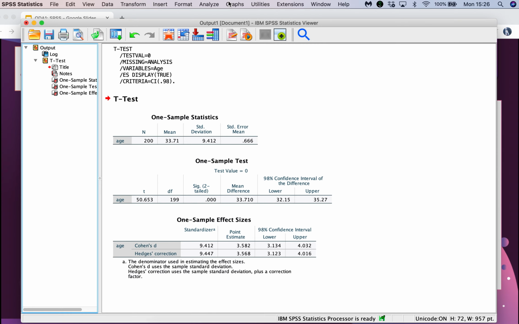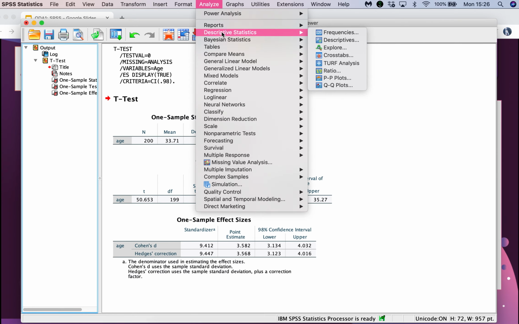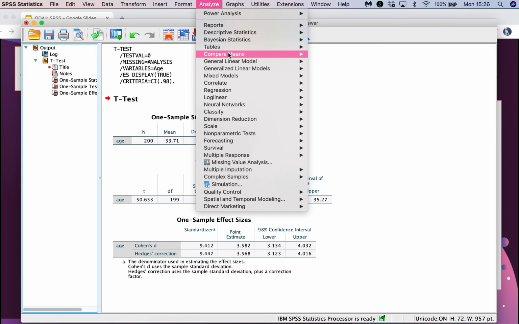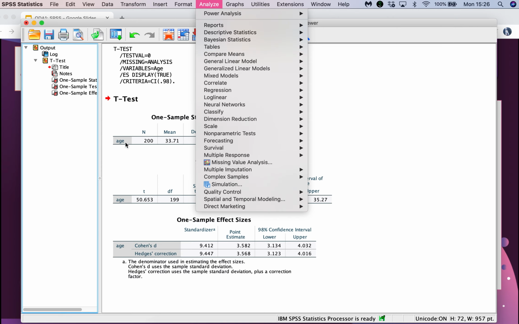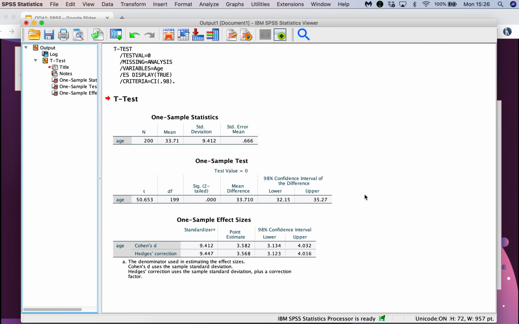So again, it's analyze, compare means, and then one sample t-test. And you just pick whatever confidence interval you want, and then in your output, it will give you this. So again, for example, for us, it was 98%, and we got this confidence interval. So if you choose a bigger confidence interval or a larger percentage, this interval length is obviously going to be bigger.